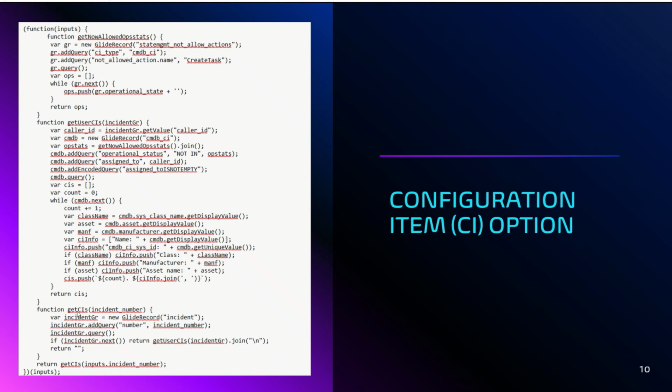You can see we take the incident number based on user input and go through the incident number. We call the function to get the user incident, and get user CI is called from this function. This function will verify the CI state, and in that case we can return the CI information to these tools.